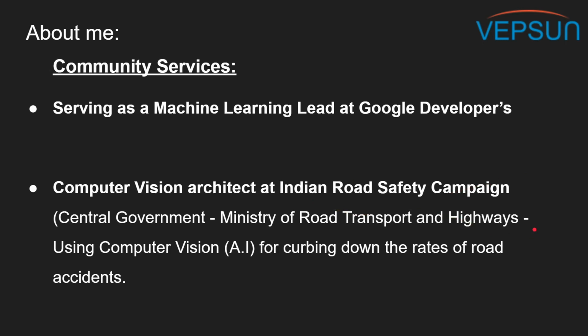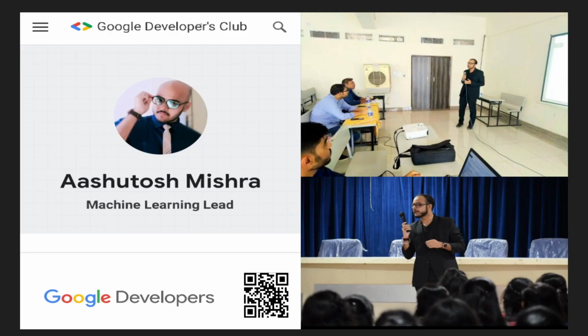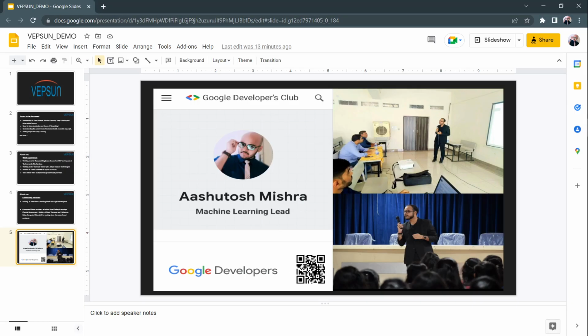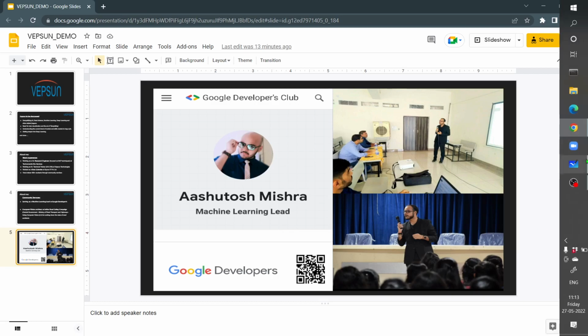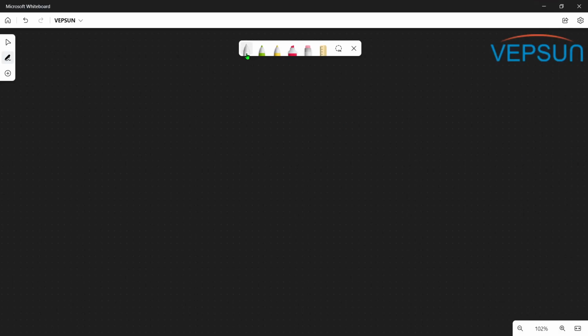I'm assisting the government of India as a computer vision architect, where our main job is to curb the rate of increasing road accidents with the help of computer vision. Again, what is computer vision? In some time, you will realize. So this is about me, and now, without any ado, let us directly get to business.